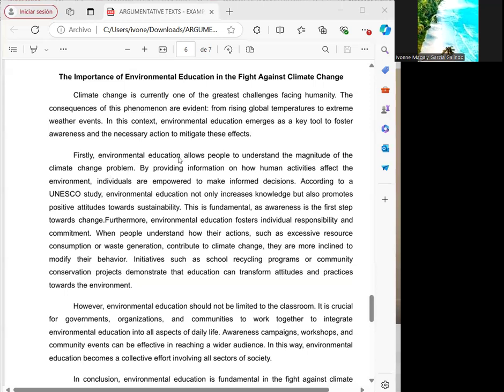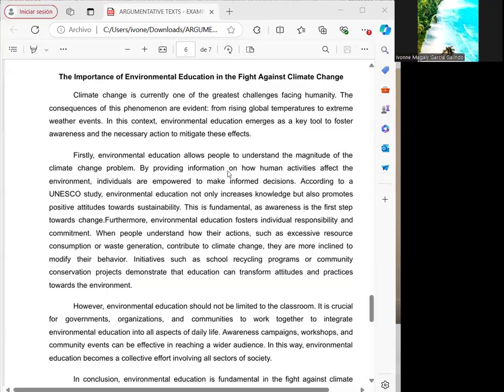Firstly, environmental education allows people to understand the magnitude of the climate change problem by providing information on how human activities affect the environment. So now she's developing one of the arguments for why it is important to educate people about climate change and all the challenges we're facing as humanity.